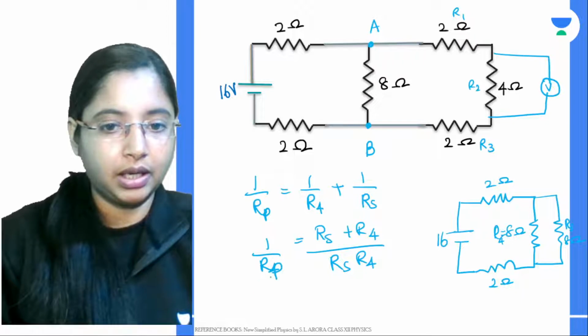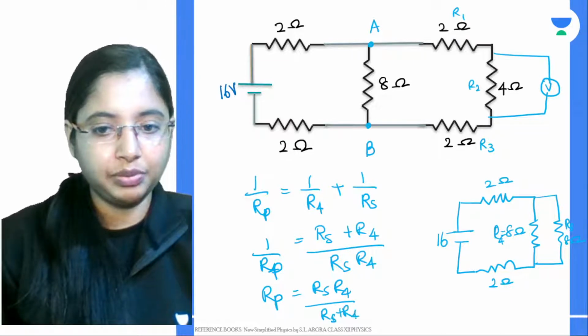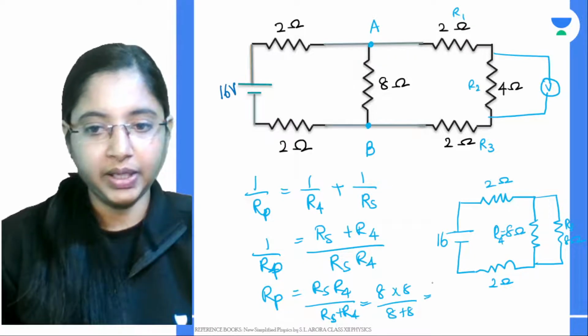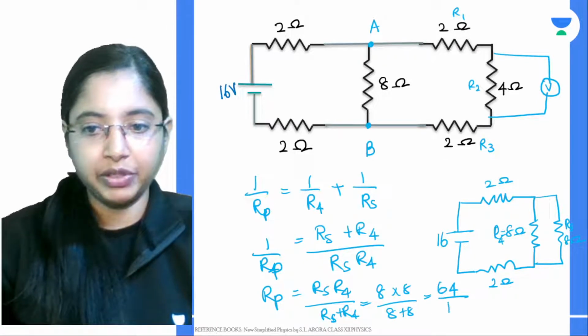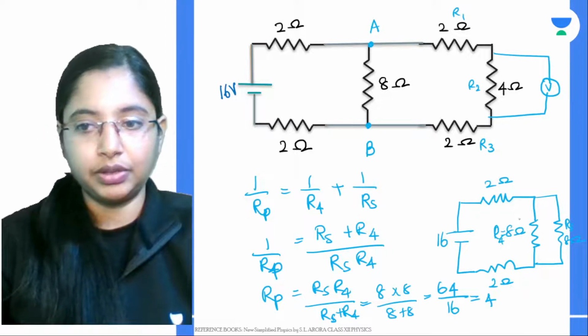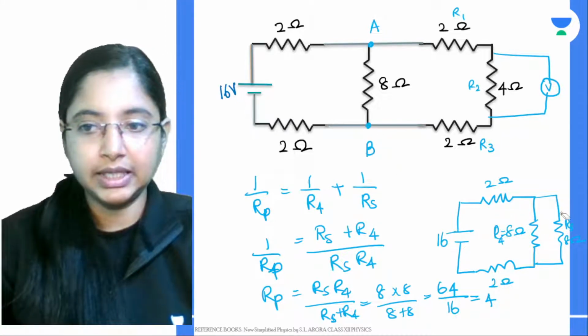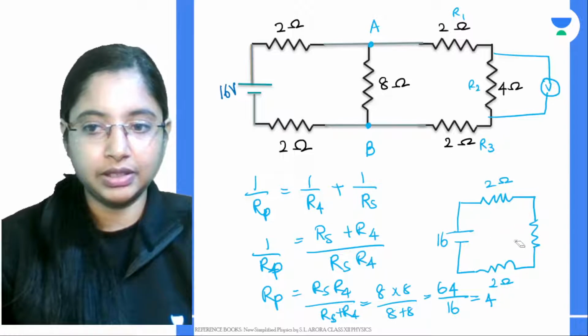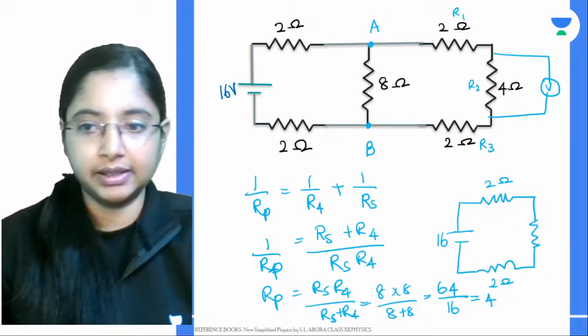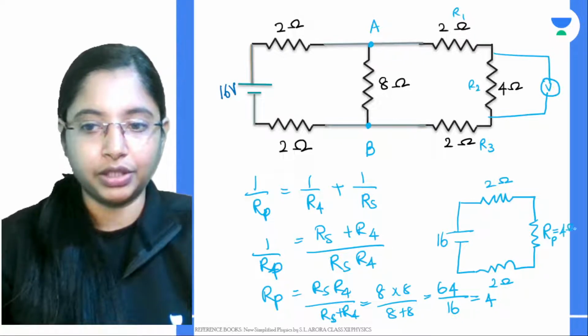So RP will be the inverse of the same. Substitute the value, both are 8 ohms only. 8 times 8 is 64, 8 plus 8 is 16. So 16 goes into 64 4 times. So instead of these two resistors, we can just use one single resistor value of 4 ohms over here.